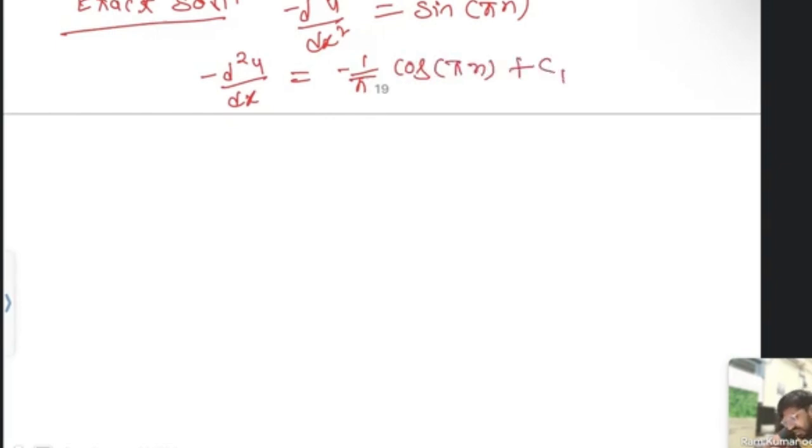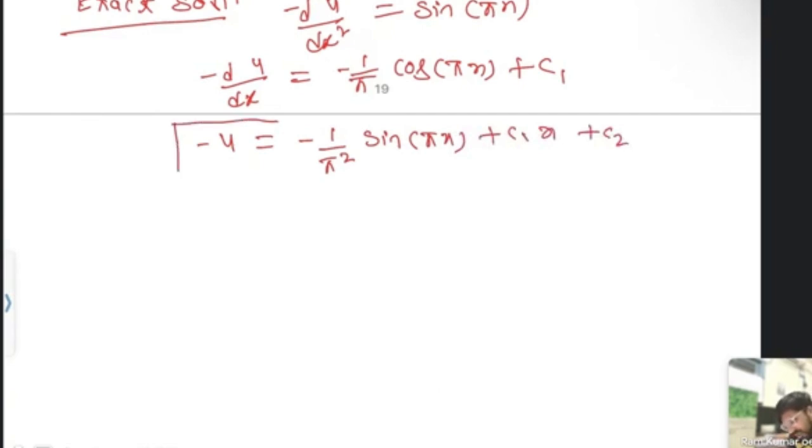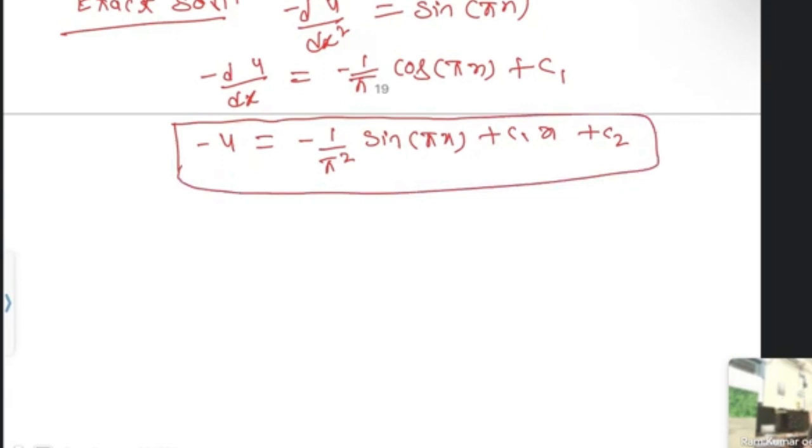Then again I integrate with respect to x, and it becomes minus u equal to minus 1 by pi square sine pi x plus c1x plus c2. So this will be our solution of u.